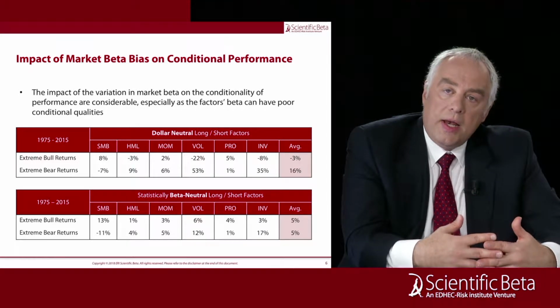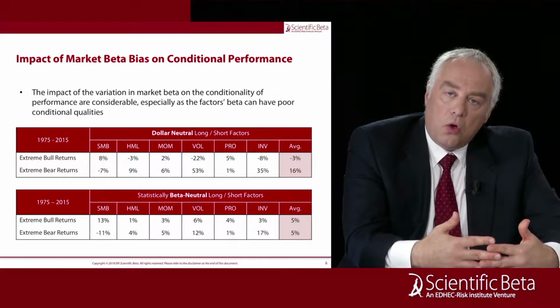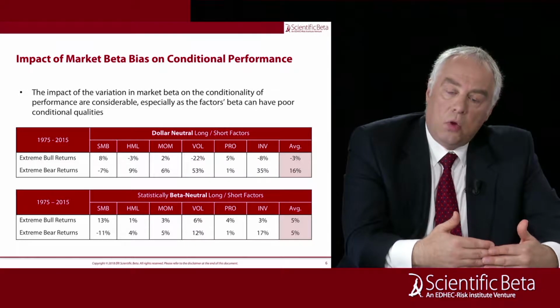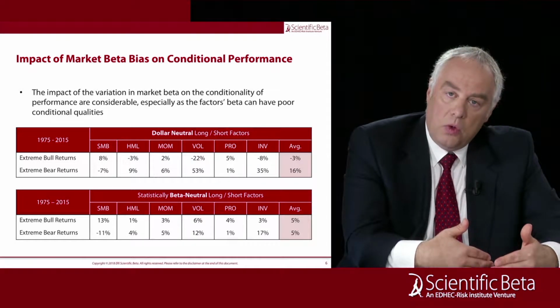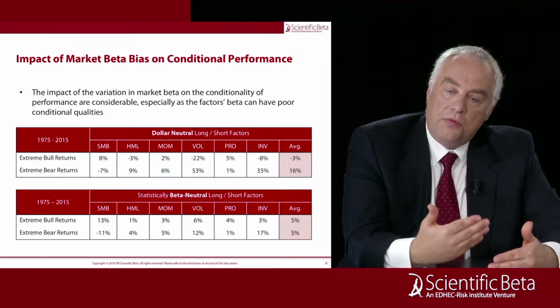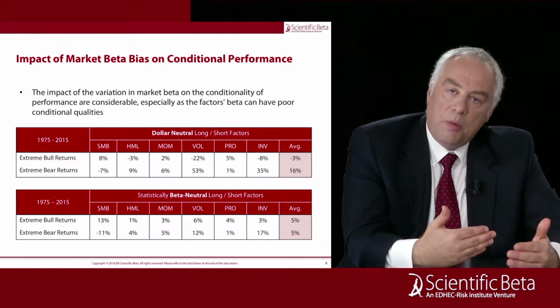Now, we can really get to understand what these market biases are by looking at the performance of these individual factors. Instead of looking at long-short portfolios, we look at strategies that are beta neutral. Simply in the first table that we show, the dollar neutral table, you may have a variable market beta.